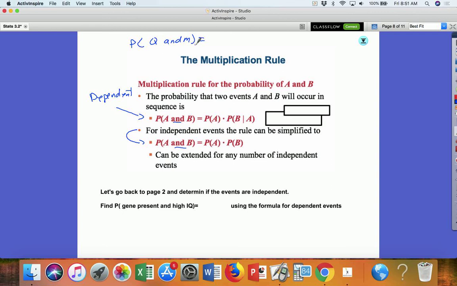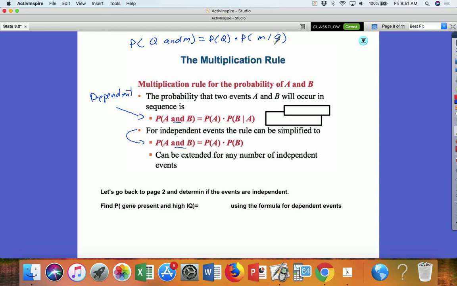The probability of Q and M would be the probability of Q times the probability of M given that Q has occurred. And you could do the same thing whether it's one event or there's 2 or 3 or 4, if there's more than 2.